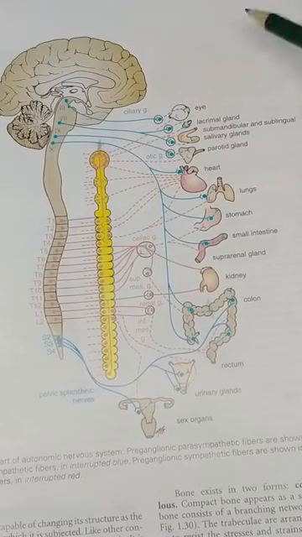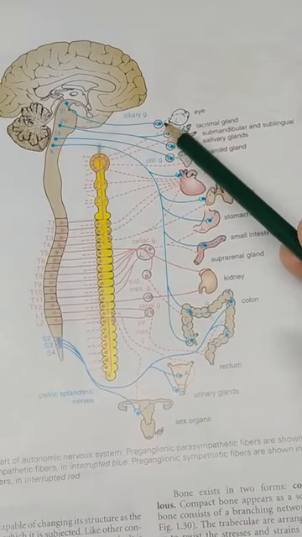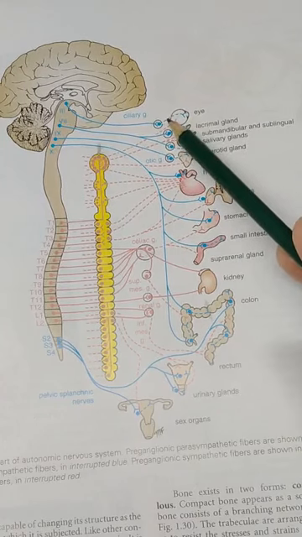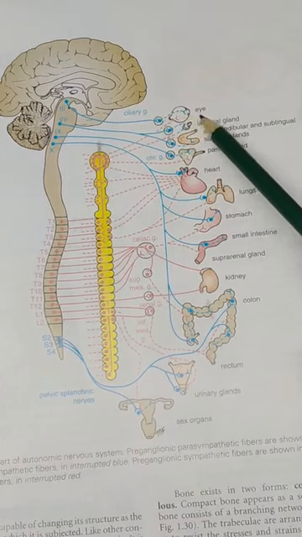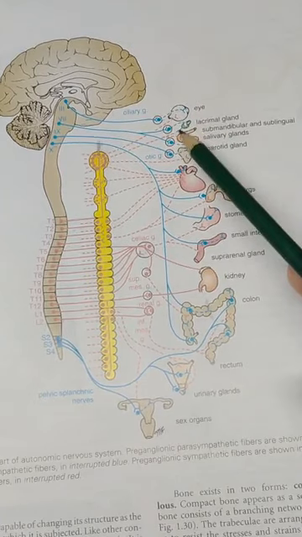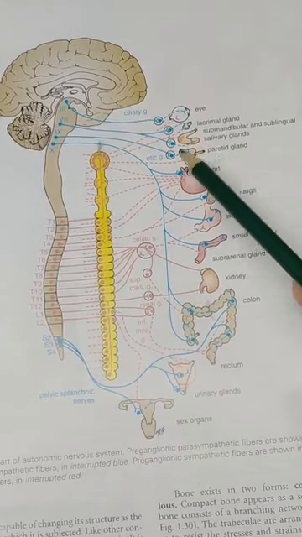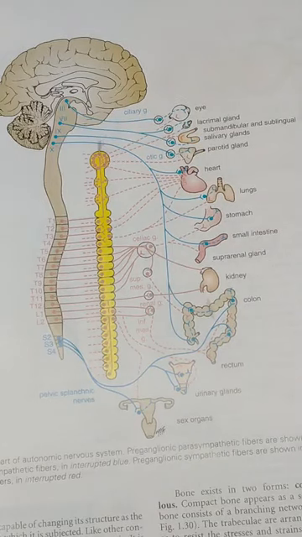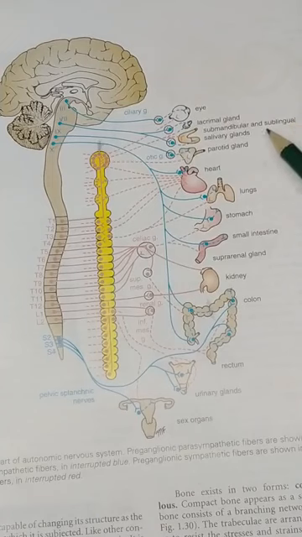Okay, so after making synapse, you have here the broken lines, and that is already the postganglionic parasympathetic fibers. These broken lines here are postganglionic parasympathetic fibers. So they supply, for example, the eye, lacrimal gland, submandibular and sublingual salivary glands, and parotid gland.